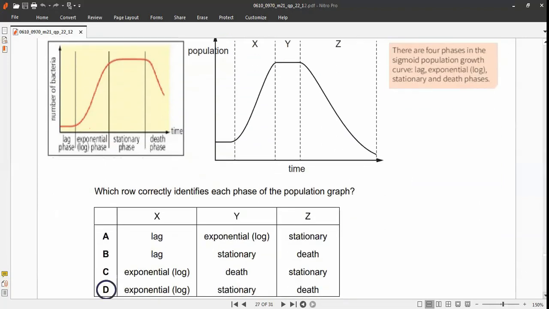Which row correctly identifies each phase of the population graph, X, Y and Z? Yes, we already answered it. X is exponential or log, Y is stationary, and Z is death phase.